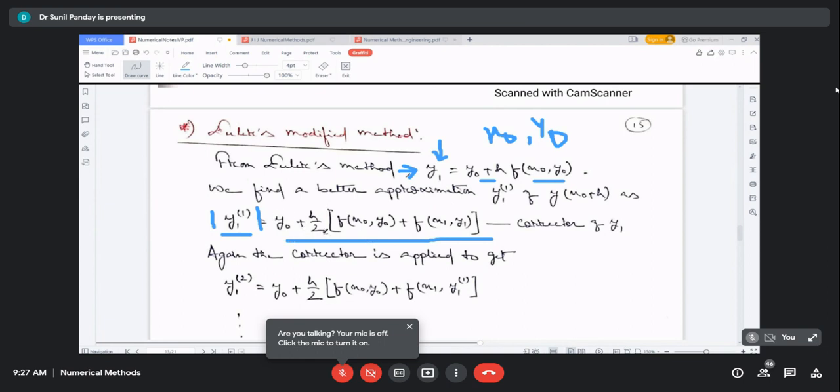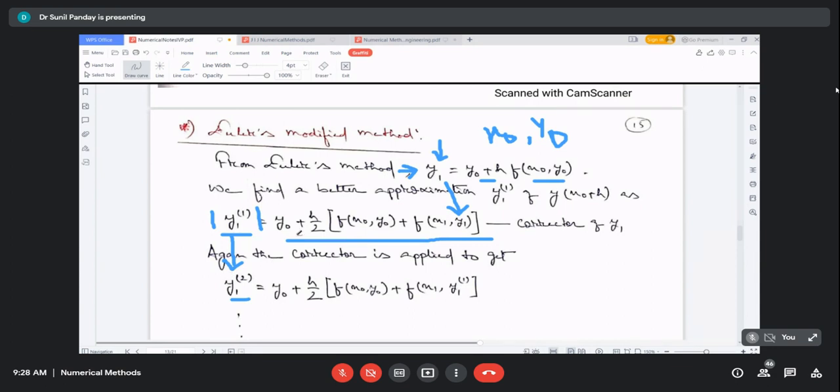Y naught plus h by 2 times f of x naught y naught plus f of x1 y1, and this y1 we take from Euler's method. So we are getting the first updated value of y1. If the error is not satisfied by this first approximated value of y1, we again update this value of y1 by using a second iteration.